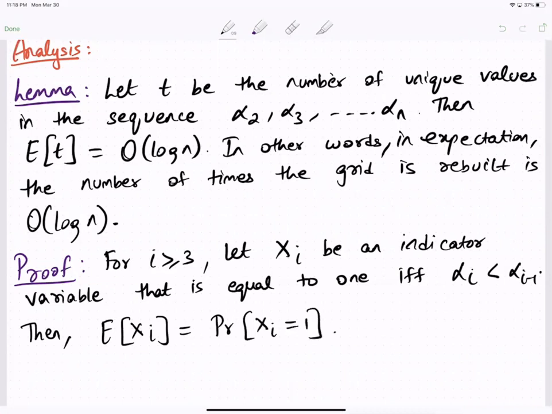Right? Also, t will be equal to exactly this quantity. Okay.